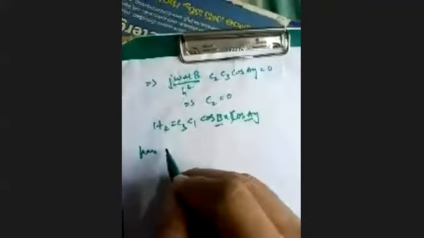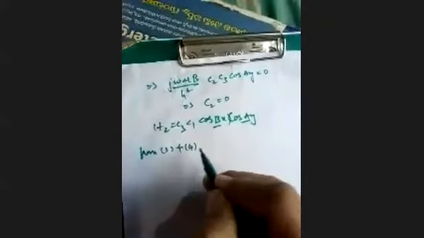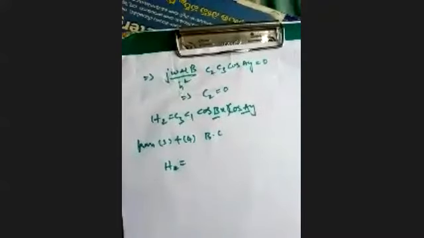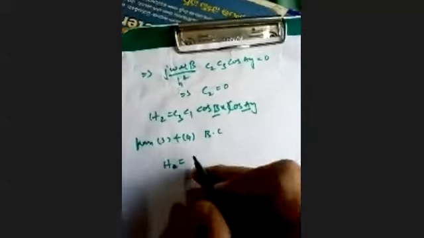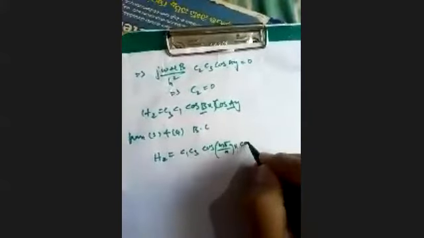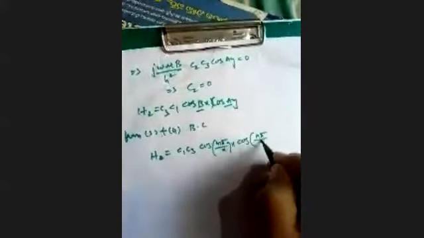So from the third and fourth boundary conditions, we have Hz equals c1 c3 cos m pi by a into x into cos n pi by b into y.